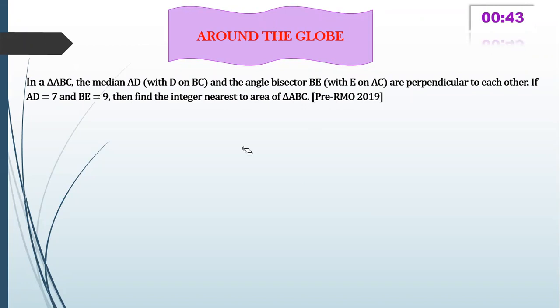Trilok, your answer is right. Shall I increase the timer because it is a hard problem? Yes or no? Okay, I am stopping the timer here for 1 minute. So try to do this.